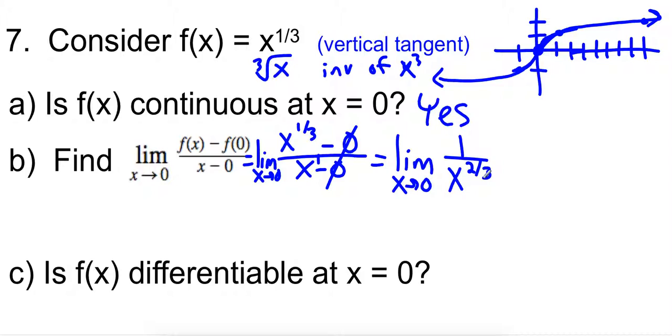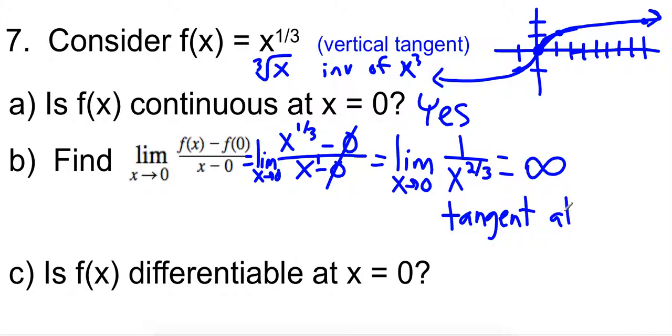Or you can think about plugging in something really, really close to 0. If you plug in a teeny tiny number, like 0.00001, and take it to the 2/3 power, it's still a teeny, teeny, tiny number. And then 1 divided by this teeny, tiny number is going to be infinity, a very large number.